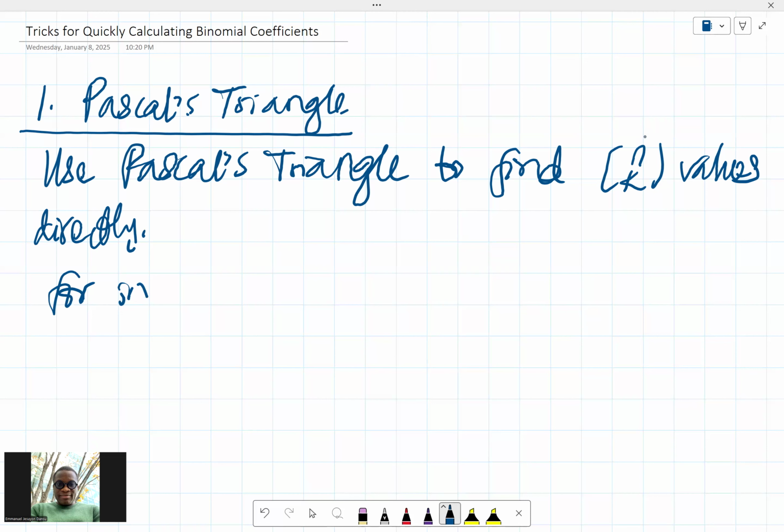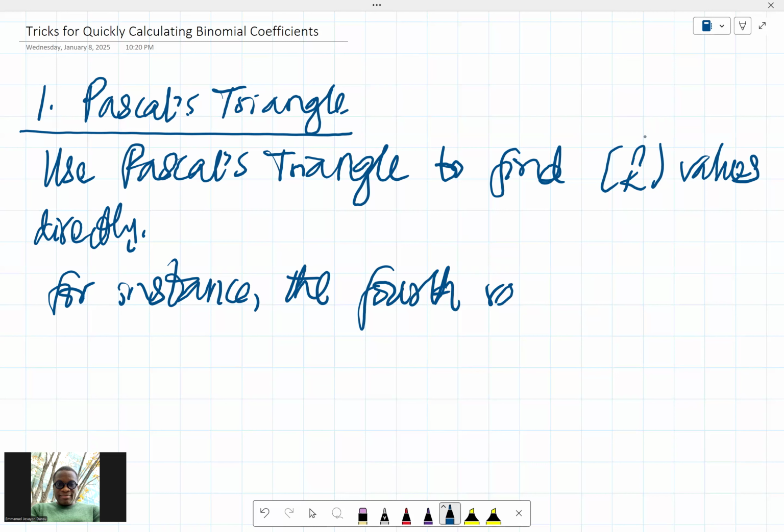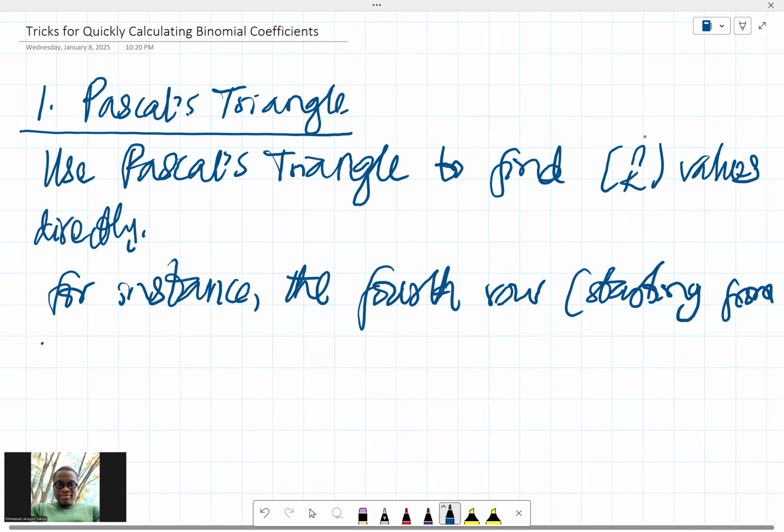So for instance, the fourth row, that is when you start from n equals 0. We did that a lot when we started out.